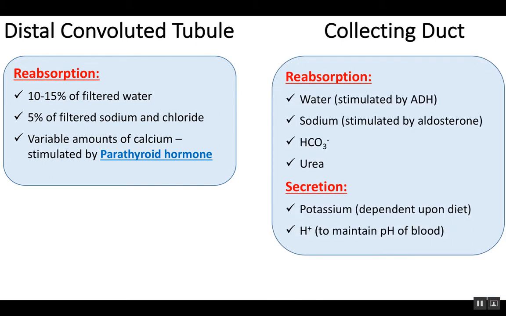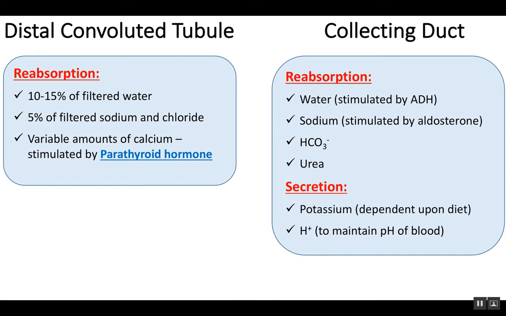The collecting duct is the last part of the nephron where we can do reabsorption and secretion. It's kind of making the final adjustments to what's in the tubule. It's going to reabsorb water, but based on whether we need to or not.